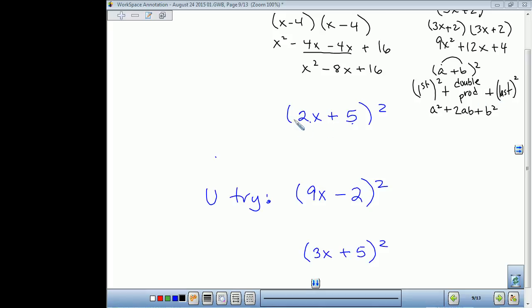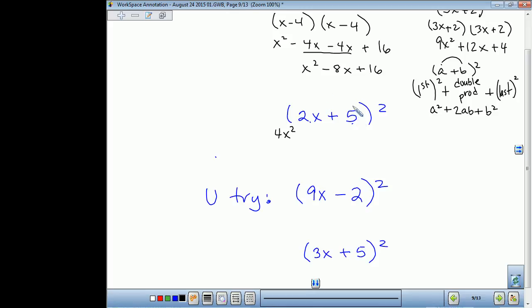So let's go with that little shortcut. I have the expression 2x plus 5, and that binomial is being squared. If I follow this shortcut, if I square the first one, that gives me 4x squared, doesn't it? Because 2 squared is 4, and x squared is x squared. The product of these two, 2 times 5 is 10.